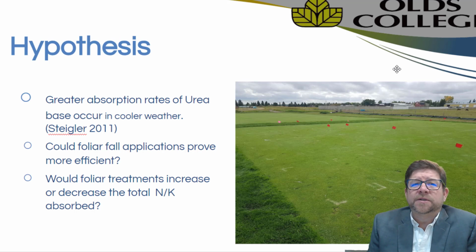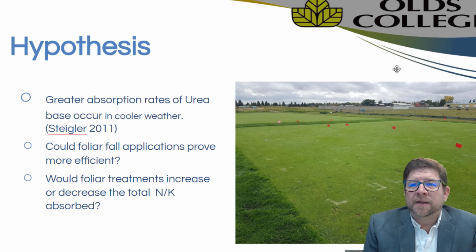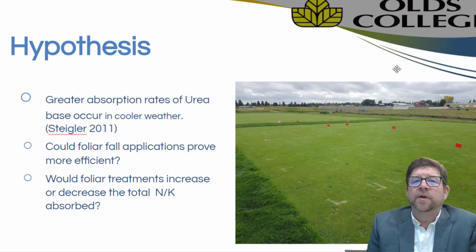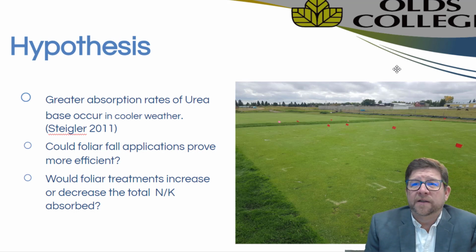What our hypothesis was, that due to the 76% absorption rate, less than 2% losses, and previous research proving that foliar applications were more effective and more rapidly absorbed in the fall rather than the spring, we could get greater absorption, therefore increase the percentage of nitrogen and potassium in the plant, thereby packing more carbohydrate, where potassium has been proven responsible for cold temperature tolerance.